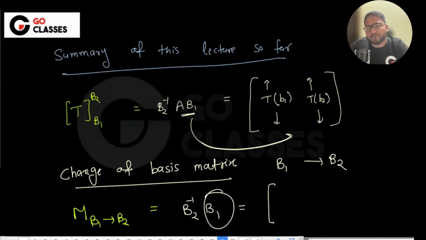And I also claimed that this is B1, right? You just consider them as vectors, so there is no transformation here. If there is no transformation, then it is nothing but changing the basis of the B1 vectors, and then you're writing B2.